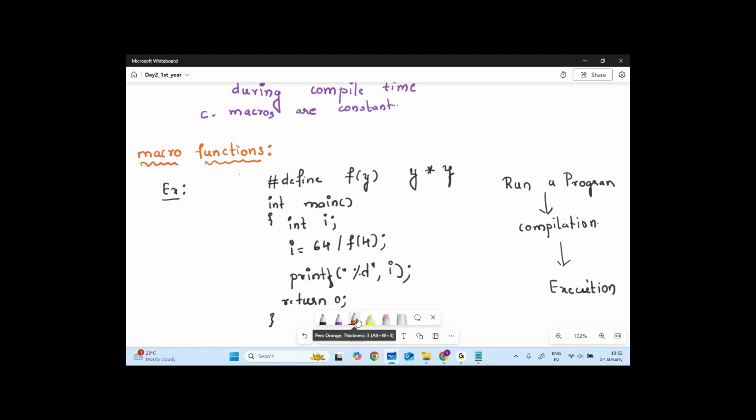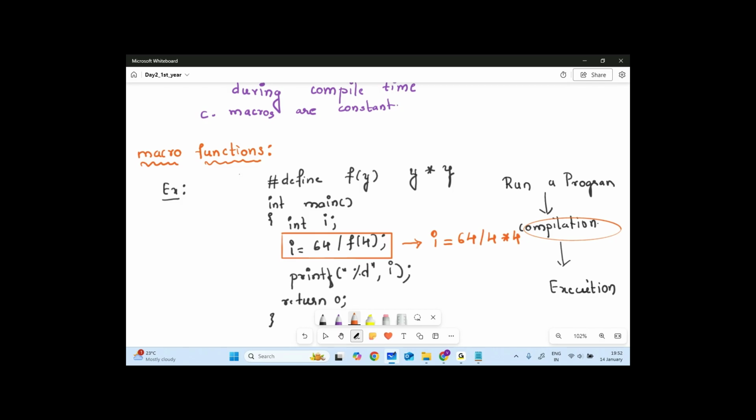Now, look at this part. Currently we are in compilation. What will this expression become during compile time? During compile time, this expression will become i = 64 / 4 * 4, not 16.